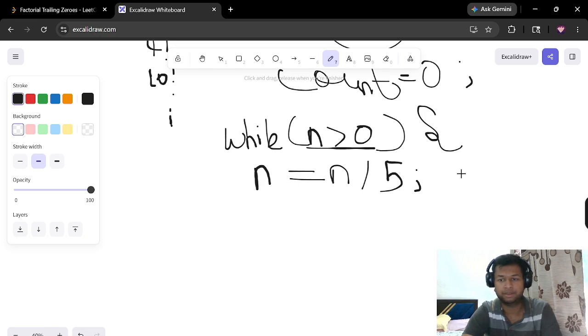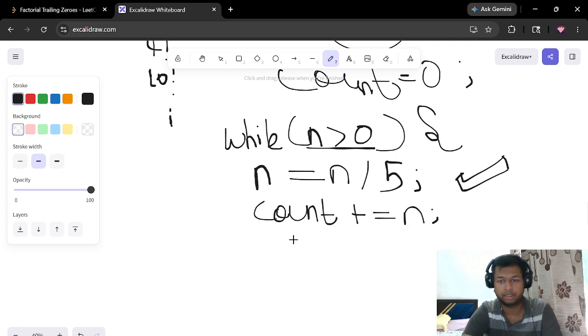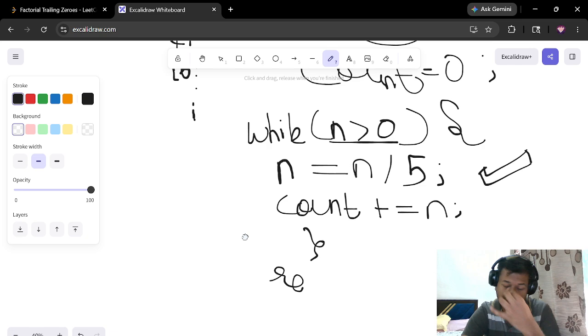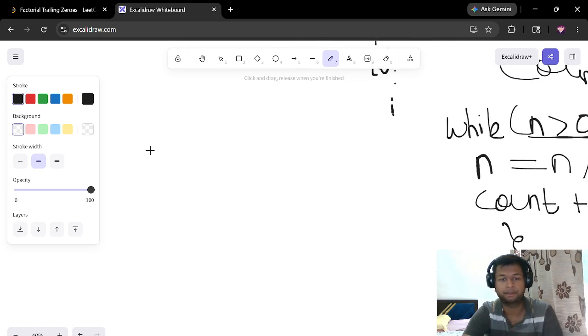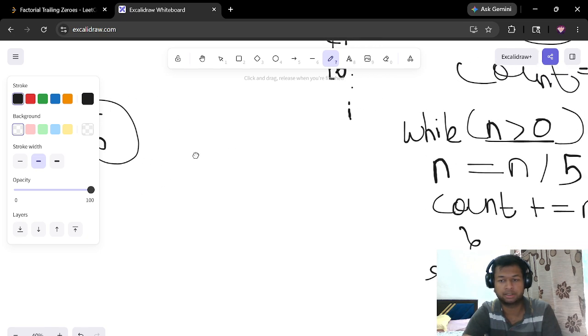This step is very crucial and very important. Why is it important? Let me explain. When n equals 5, we will increment the count, and at last we will return the count. Now let's take an example of a number. I am taking the example of a small number, 6, then we will go ahead and take a big number.